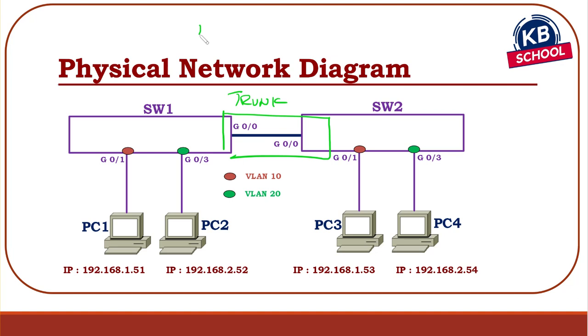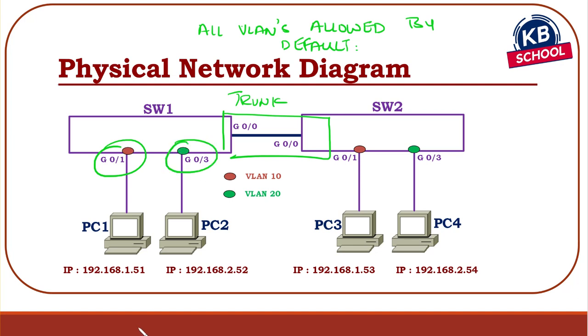By default, all VLANs are allowed by default. We saw how to assign ports to a particular VLAN, the access ports. We saw how to create the VLANs with and without VTP. This is where your switching journey starts. This is your basic switching.